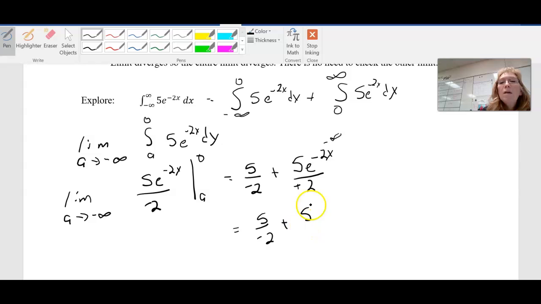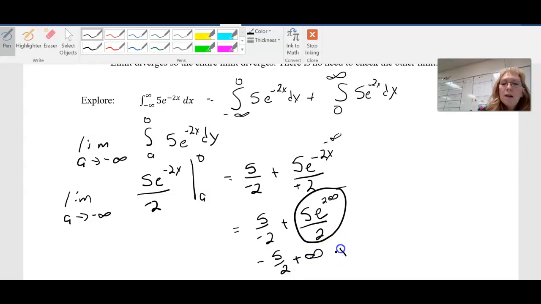Oh, I'm sorry, negative times a negative leaves it in the top. e to the 2 infinity all over 2. So that means this is continuing to get large, which means this is approaching infinity. So we have negative 5/2 plus infinity, diverges, no limit. Therefore, there's no need to test the other side.